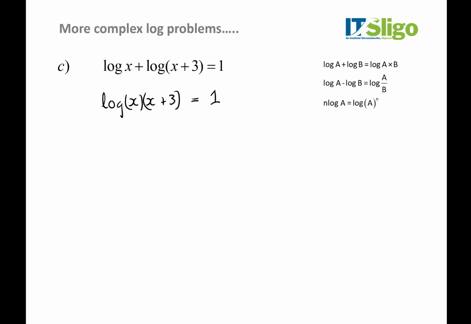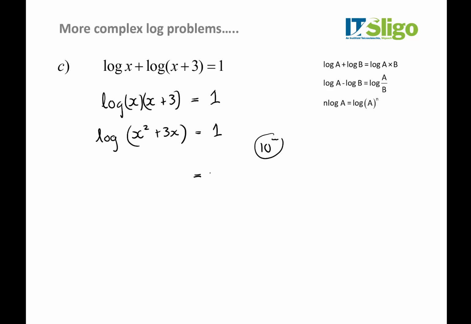Now you can either multiply, I tend to multiply out the brackets first, but that's just me. Or alternatively, you could have killed the log first, which would also be valid, but I'm going to do that second.